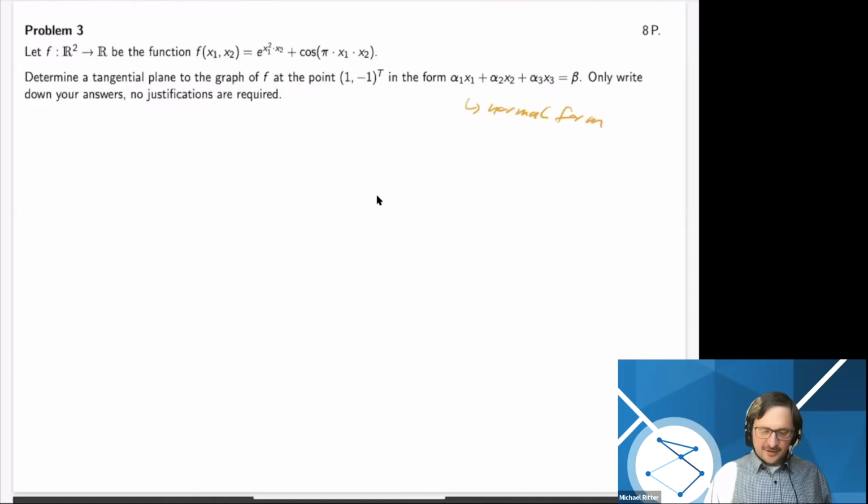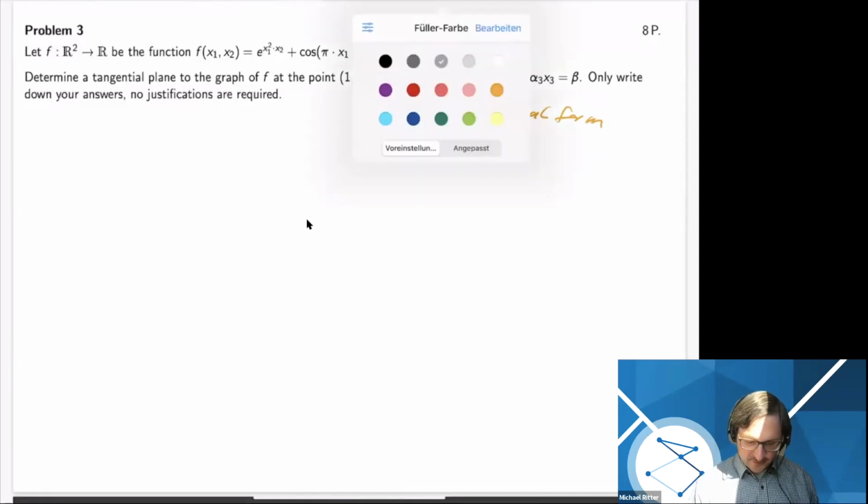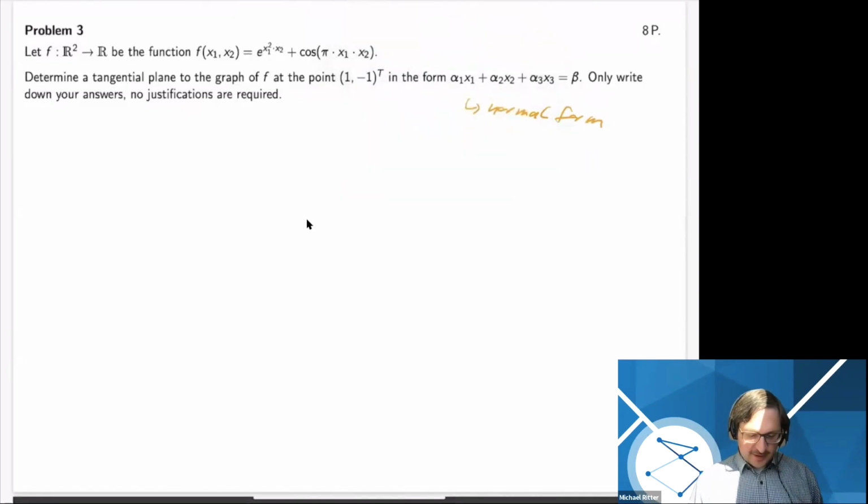So the objective is to determine that tangential plane. How do we do that? Well, let's try to do that. As you know, the tangential plane is more or less the differential of a function, because by definition, what the differential does is approximate the function linearly. So that approximation works like this.